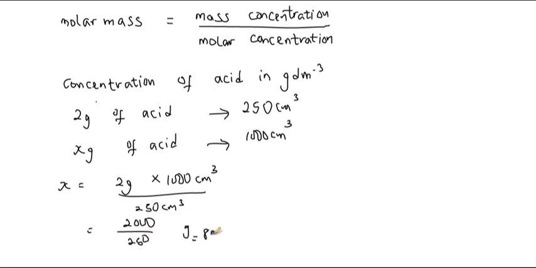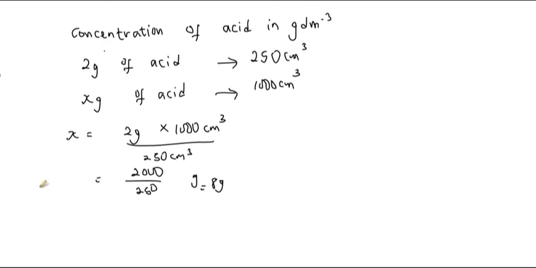So hence we can say that the concentration of the acid in grams per dm³ is 8 grams per dm³. So we've gotten the concentration of the acid in grams per dm³, and we've gotten the concentration of the acid in moles per dm³ from the previous calculation we did.